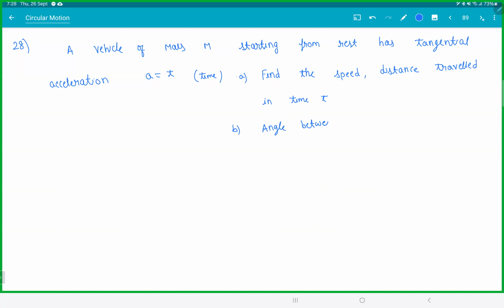Angle between a net and velocity. Tangential acceleration is equal to t, going in a circle of radius r.